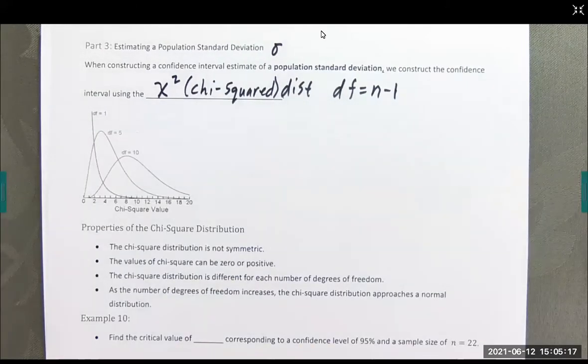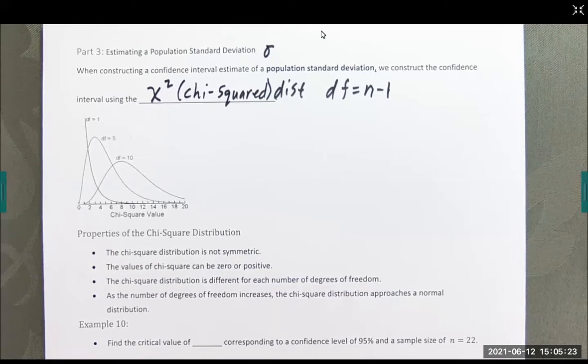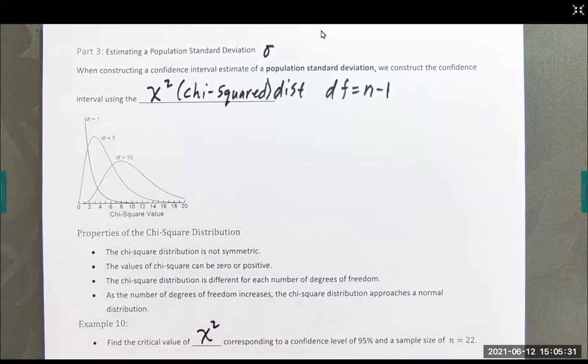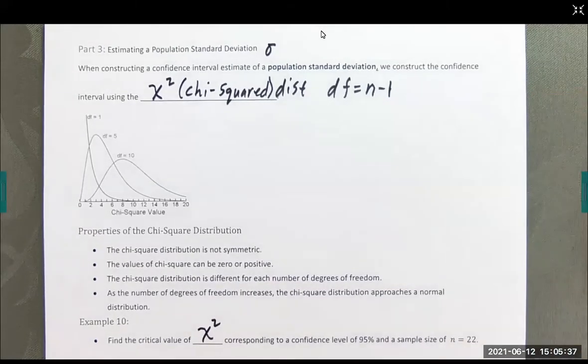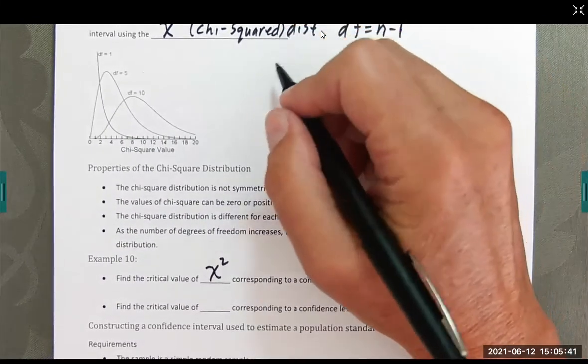So we're going to find, for example 10, the critical region of chi-squared corresponding to a confidence level of 95% and n equals 22. So I'm going to actually write this up here. This is the first one with 10.